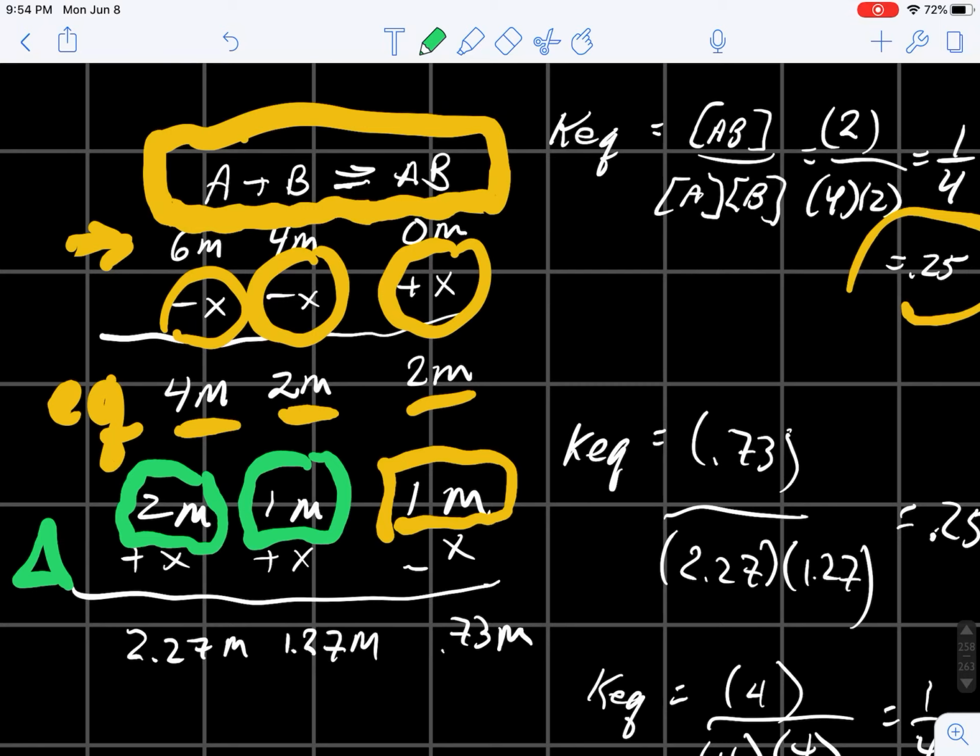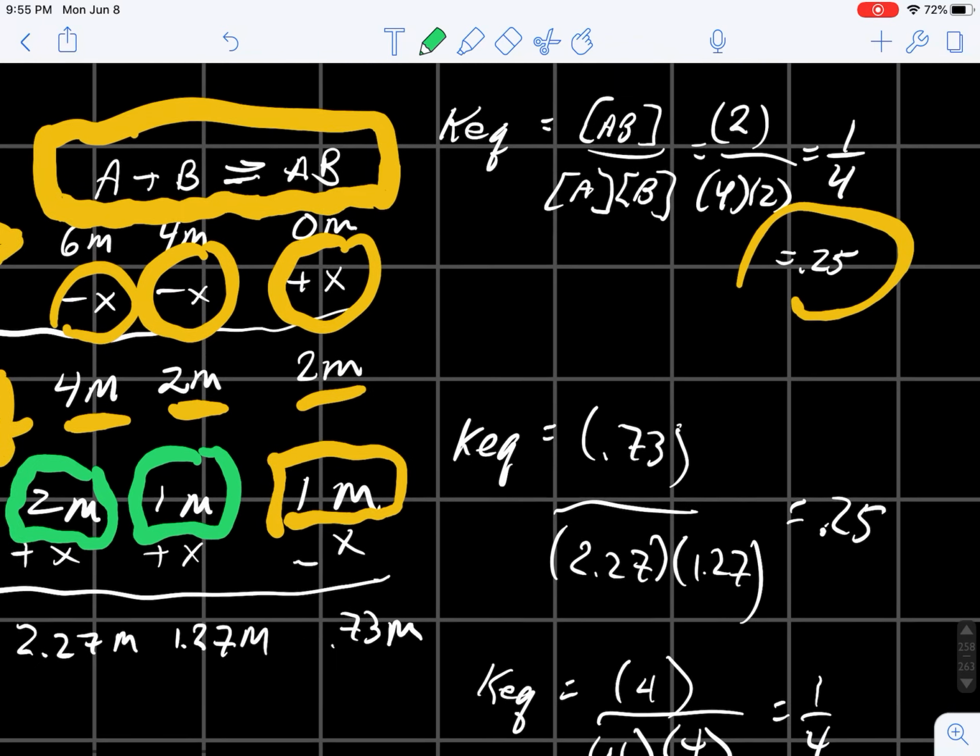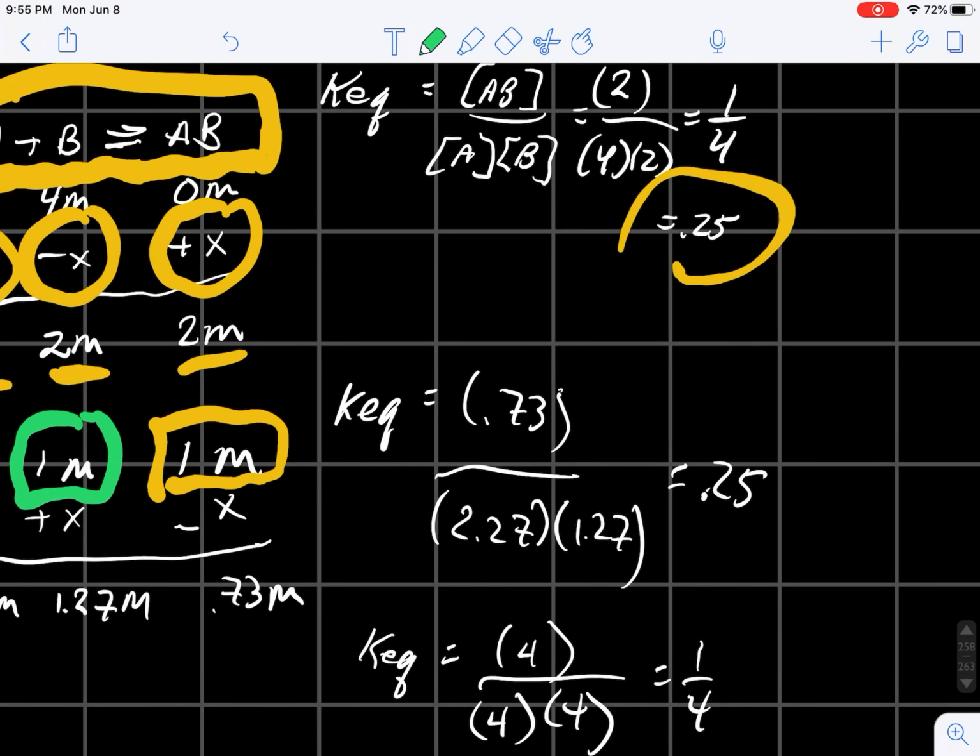So in this particular case, my products have to form reactants in order to reach equilibria. So my products go down by X moles, and each of my reactants go up by X moles. Now I did the calculation in advance using the quadratic formula to get the values, but the actual amount of change is 0.27 molar. So the products go down by 0.27 molar, and the reactants go up, and I still get 0.25 out of the deal.